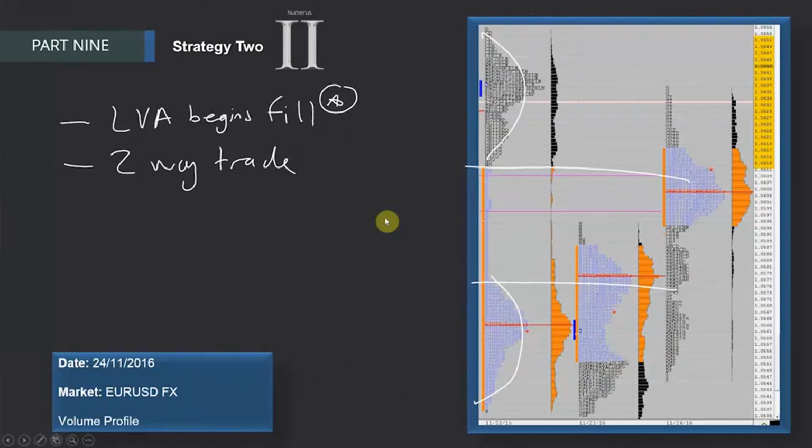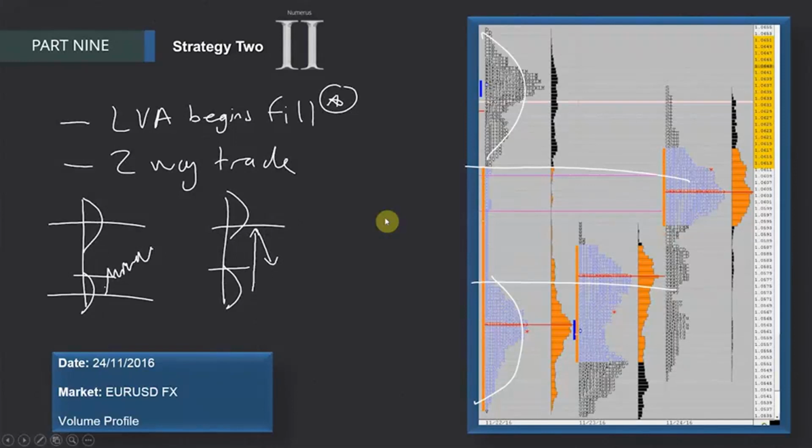It's important to define what this two-way trade looks like, and I'm going to show you what it looks like. One of two things can occur whilst filling out the low volume area. One, the market can come in and slowly but surely grind out and fill out the low volume area. Or two, the market can come into the low volume area and fill out straight to the other side before then rotating lower. In these two examples, you're going to employ two very different types of execution. In the first example, we're looking to ideally trade the market from the perspective of strong trade location.